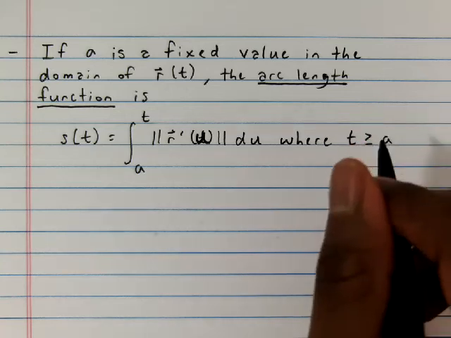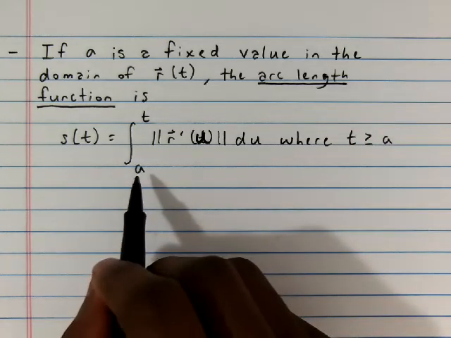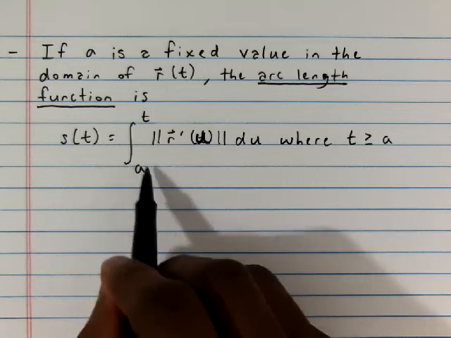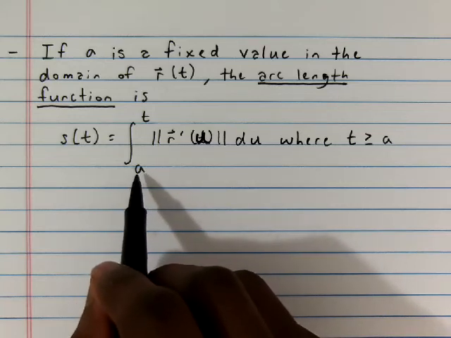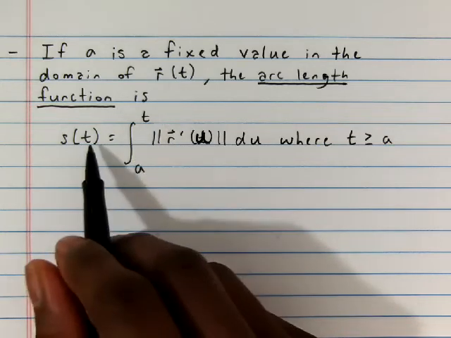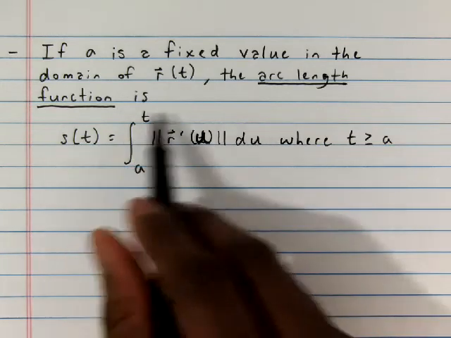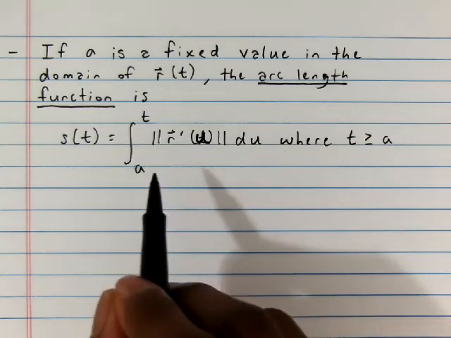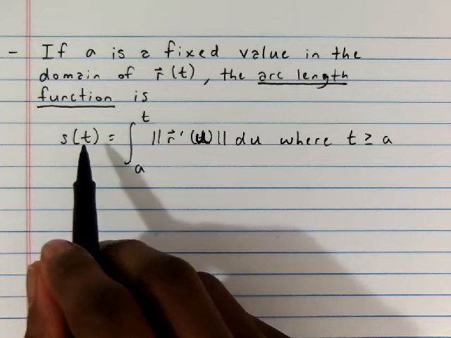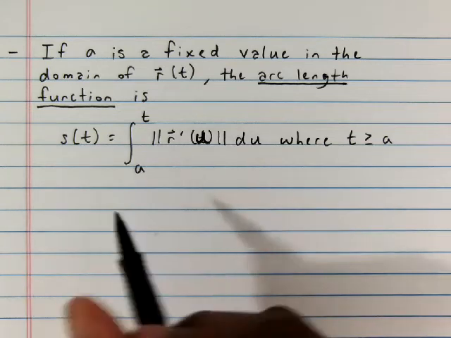So this just gives you, instead of taking the length of the entire curve, the length of the curve from any point a in the domain of r of t to some other point t. So this length of that portion of the curve is going to vary with regards to whatever t you choose to plug in. So that's why this is a function.